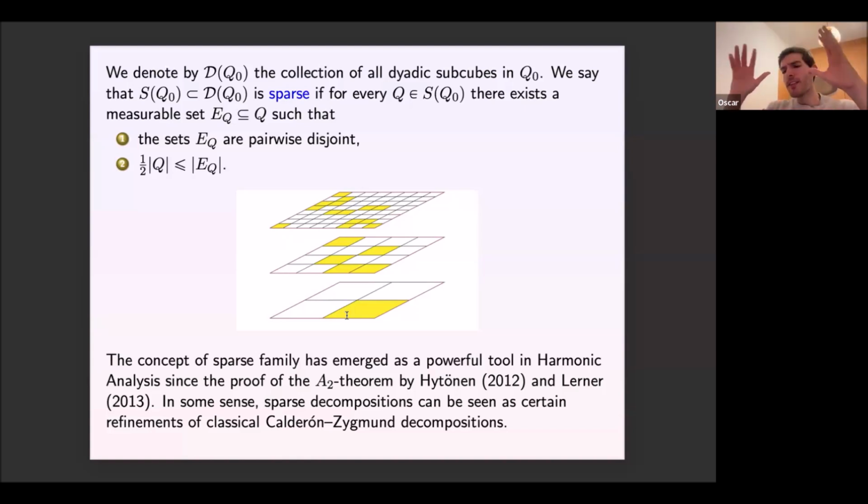But there are plenty of papers dealing with sparseness, but mostly they are related to sparse domination principles for many classical operators in harmonic analysis in a variety of function spaces. In this talk, we don't wish to follow this path.